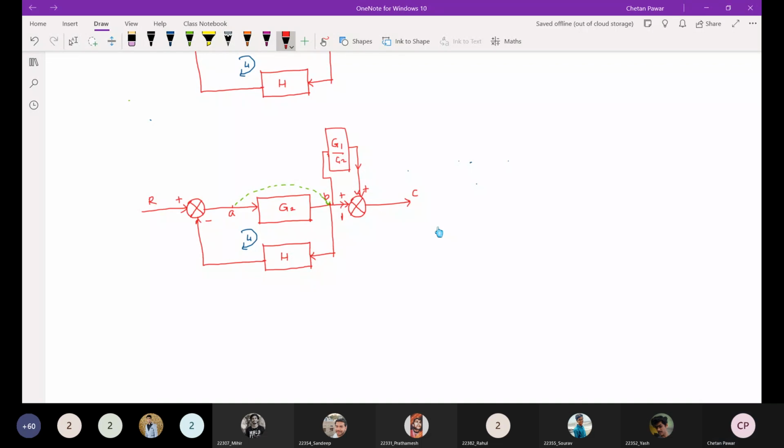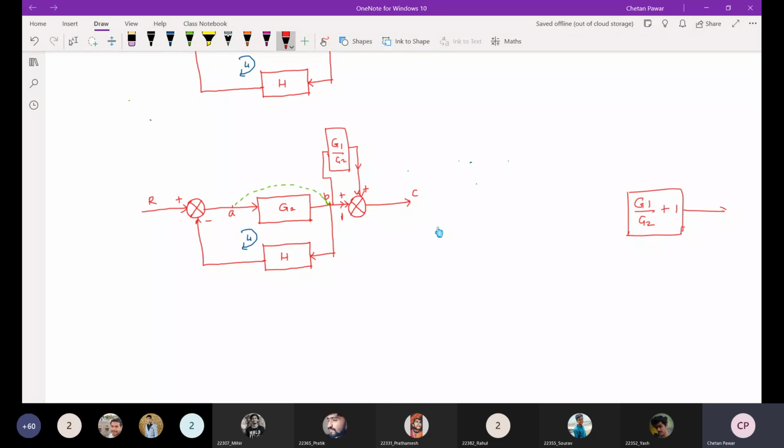They are in parallel, so we can add them. So that equivalent block will be G1 upon G2 plus 1.